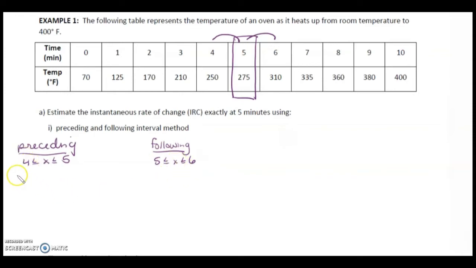We're going to find the average rate of change between these points. So we sub in f at 5 minus f at 4, divided by 5 minus 4. And likewise, f at 6 minus f at 5, divided by 6 minus 5.